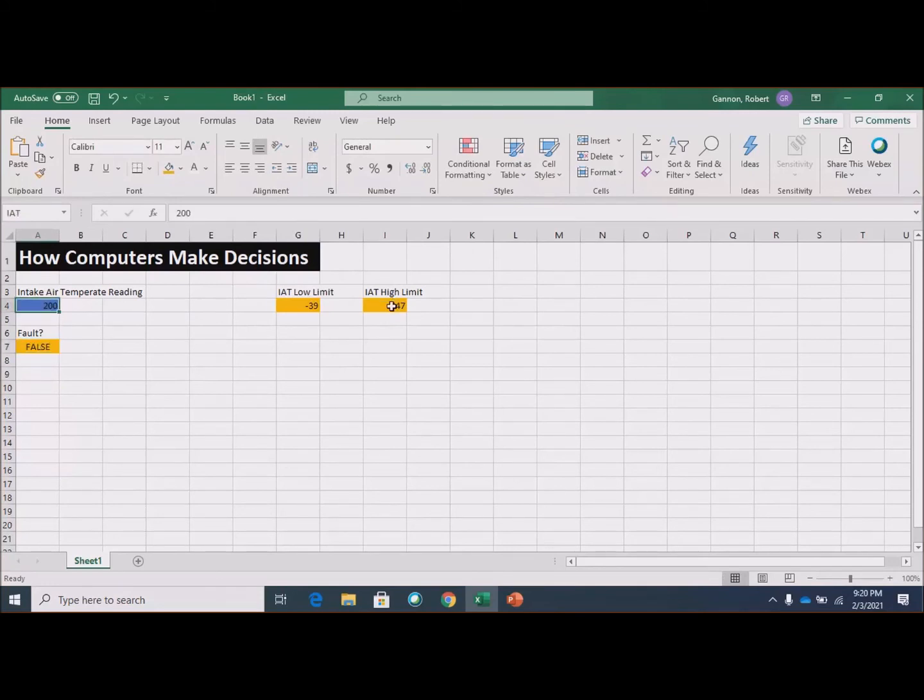If we go above this 247, let's see what happens. The light pops on again. This is just an example. It's not thinking, it's not making decisions, it's just making comparisons. An engineer has decided if we're below negative 39 or above 247, those are the limits, then our light's going to come on. We have a fault. If we're in between, our light's going to be off and no problem.